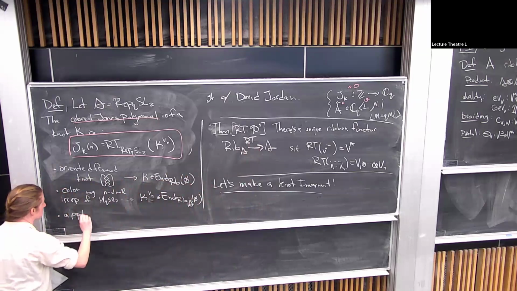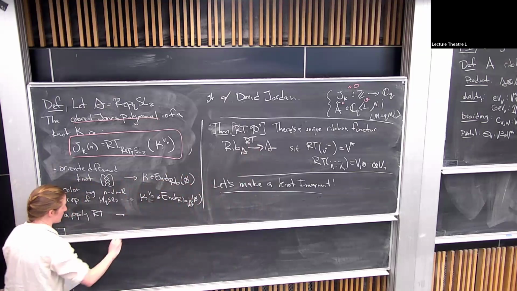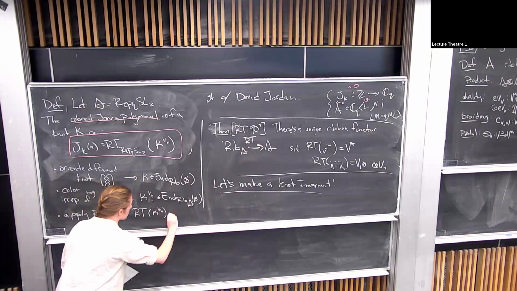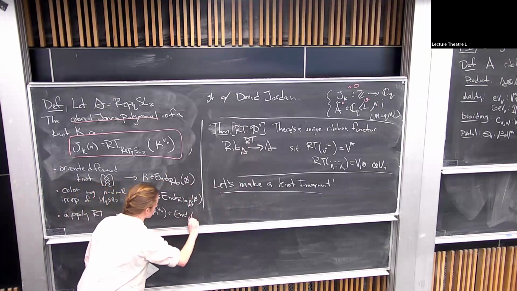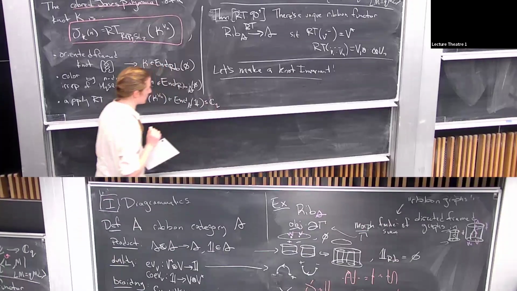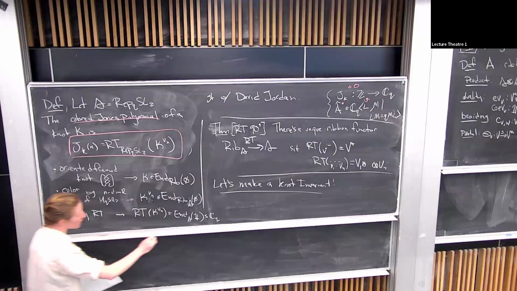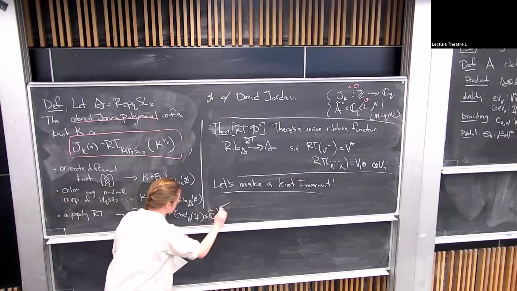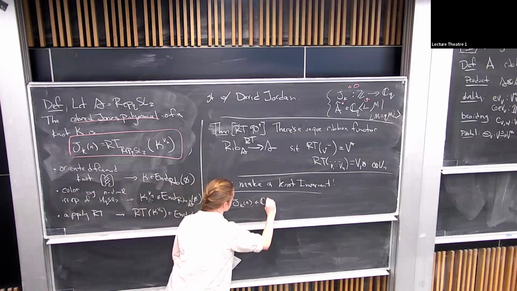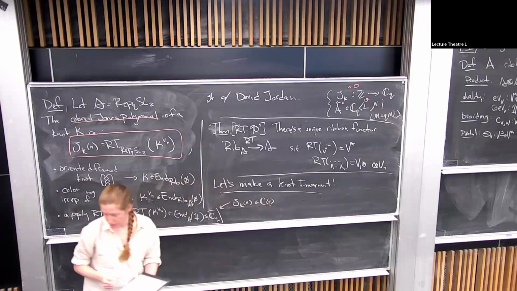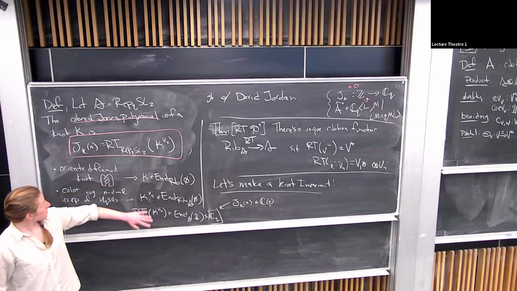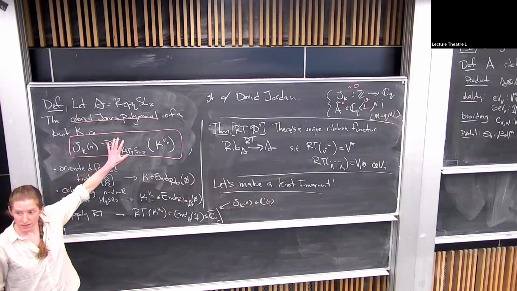Apply RT, and I get RT of K colored by V_n in the endomorphisms of the unit of A, which just is my base field, which in this case is the complex numbers. So what I get is that this is actually a Laurent polynomial. Here's some choice of normalization I didn't talk about at all.